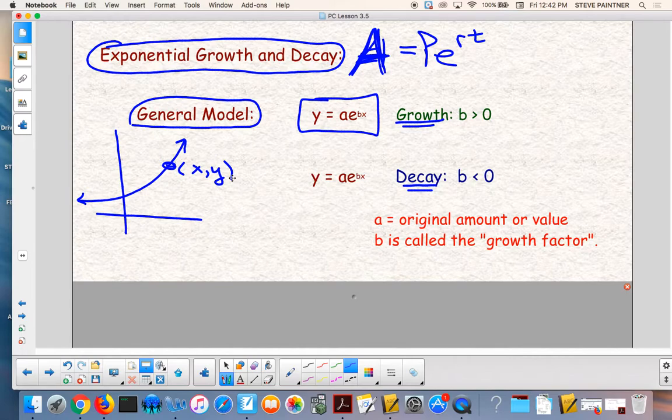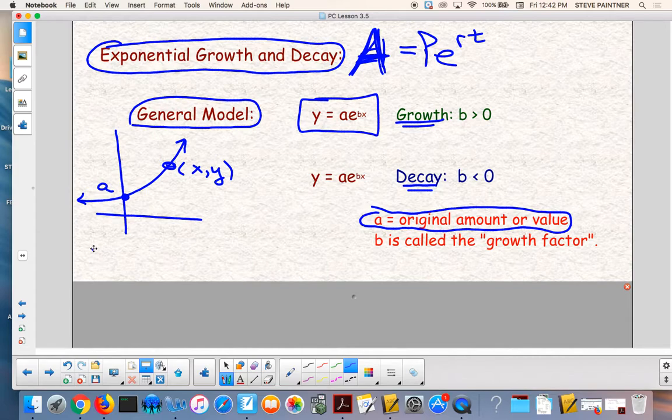Okay? The a, what's the a? It says it right here. Original amount or value. Okay, where do we find the a on the graph? It's the y-intercept. So if you want, you could just say this is a. Okay? I mean, you just draw a little picture.